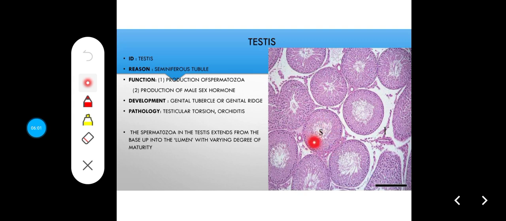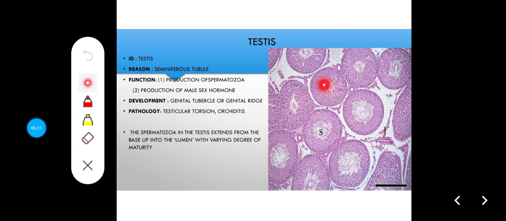Due to the presence of these cell layers, the lumen is kind of obscured. This can be compared to what we find in the epididymis, where there is a clear-cut demarcation between the lumen and the cell layers. Here, the cell layers encroach into the lumen.